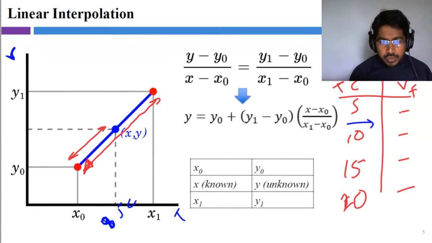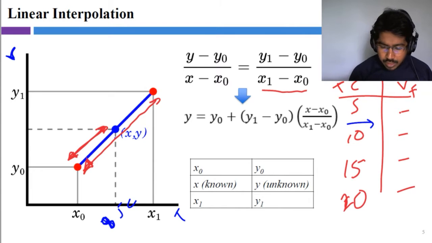right? So by looking at the shorter line segment, we can write the slope of this line as (y minus y0) divided by (x minus x0). And by looking at the longer portion of the line, we can write (y1 minus y0) divided by (x1 minus x0).